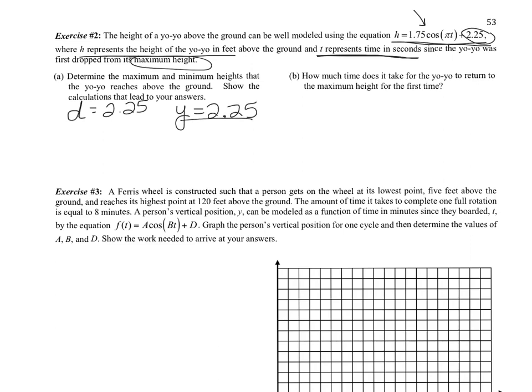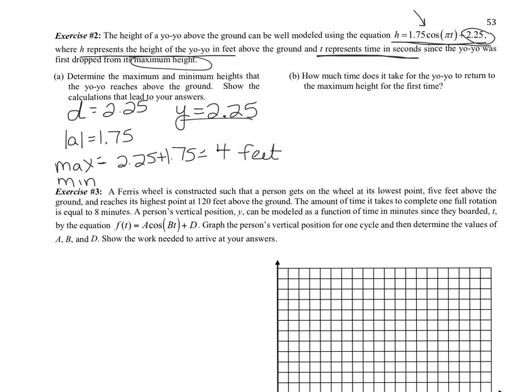And then the amplitude is 1.75. So the maximum from the midline up 1.75, so 2.25 plus 1.75 gives me a maximum of 4, and my h is measured in feet, so I'm going to write 4 feet.